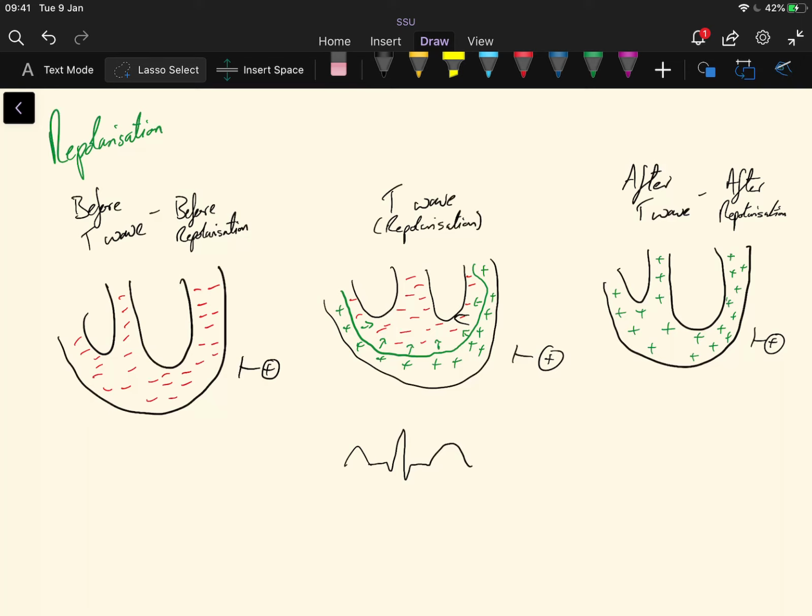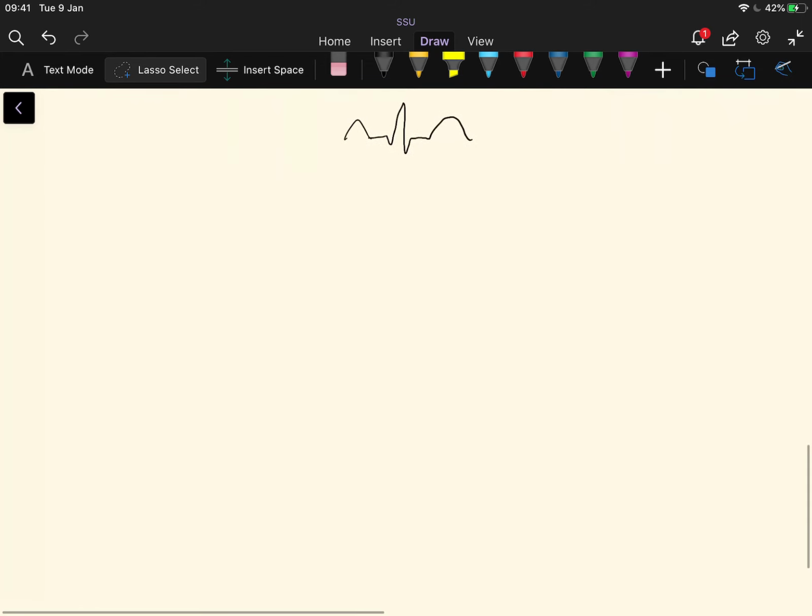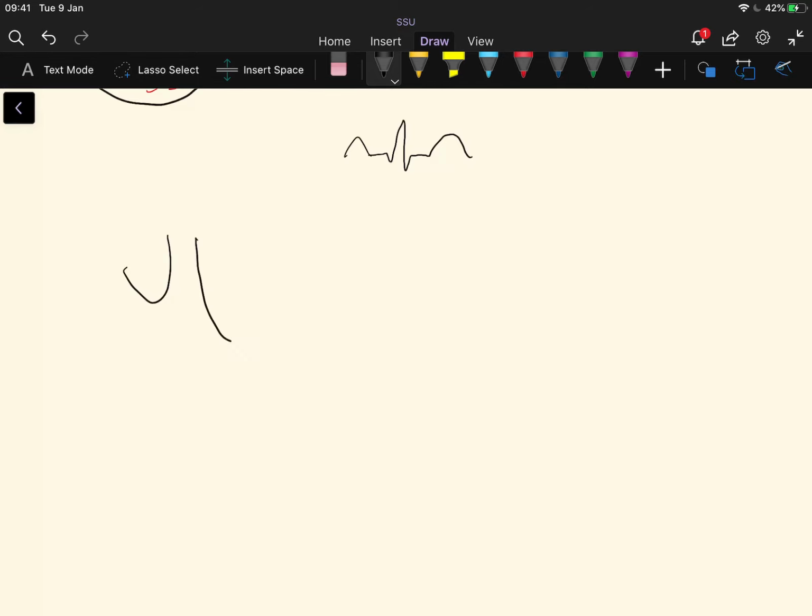Again, pause it, have a look back over this part of the video if it doesn't make sense. But we need to understand really why that happens as well, because that's going to really help us when it comes to T-wave inversion. So if we take a normal segment of the ventricle, let's draw another ventricle here.